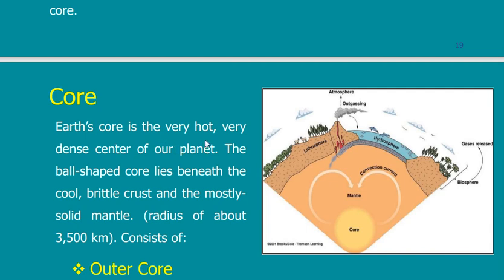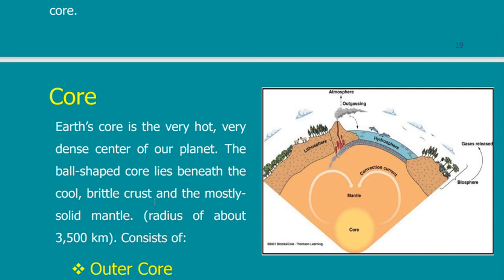The ball-shaped core lies beneath the cool, brittle crust. So it is below the crust and the mostly solid mantle. So the core, then the solid mantle, then the crust.